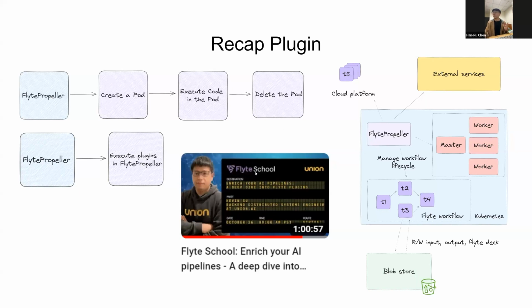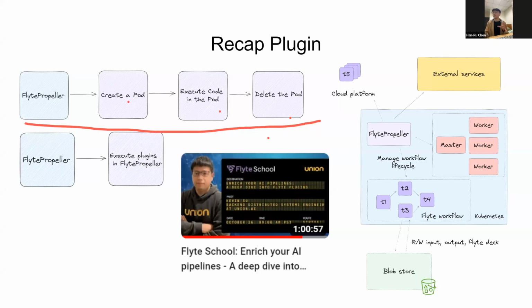Flyte Propeller is the component in charge of executing node tasks. Normally, the life cycle of a task in Propeller will be: create a pod, execute the code in the pod, and delete the pod, which will consume lots of container resources. So a Flyte plugin is a thing that reduces the task life cycle.